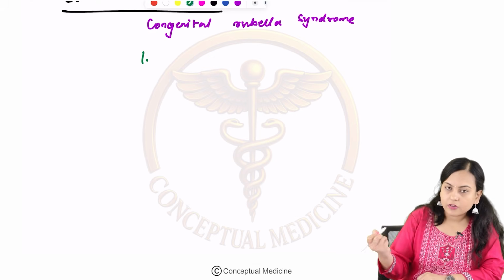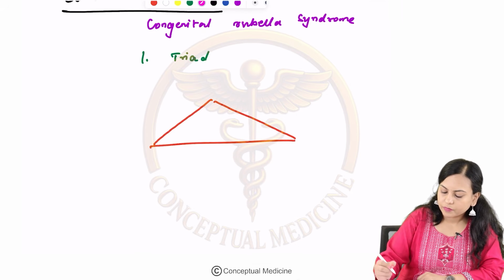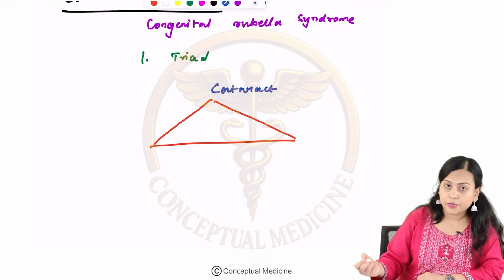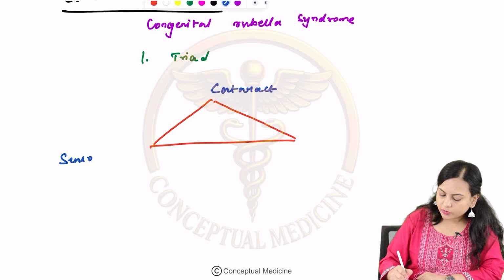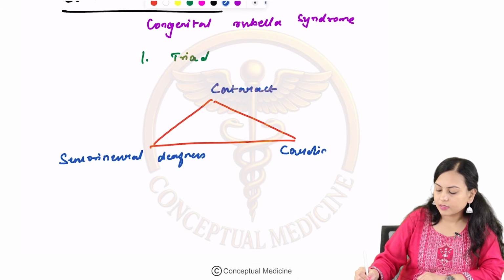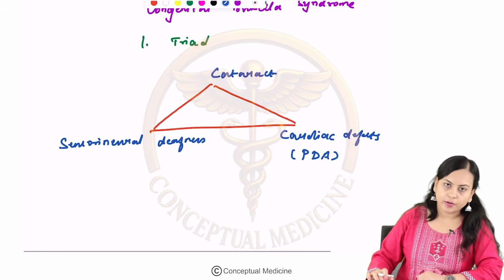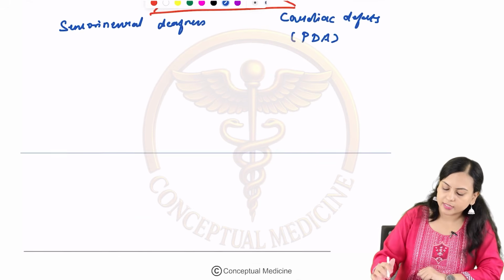Here also you will get a triad: number one, cataract; number two, sensorineural deafness; and number three, cardiac defects. And remember, the cardiac defect patent ductus arteriosus is specific for rubella infection, right?